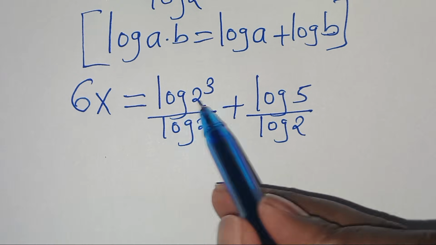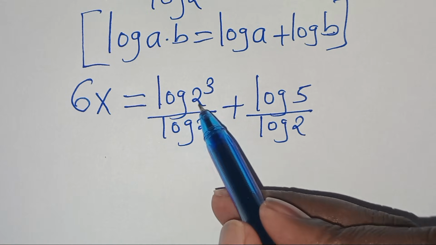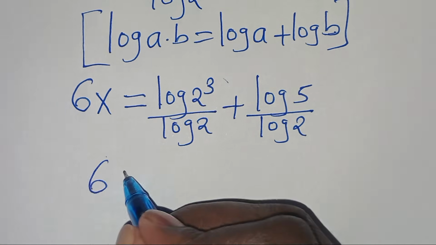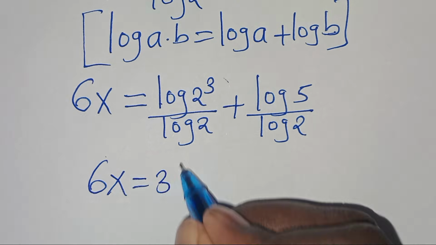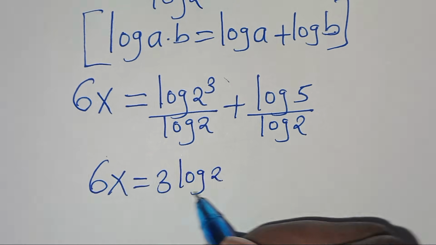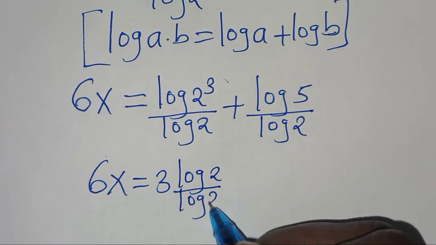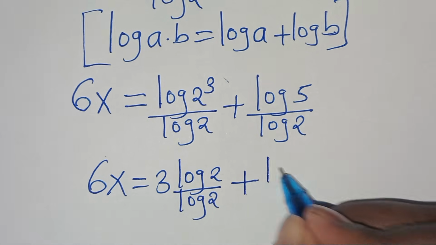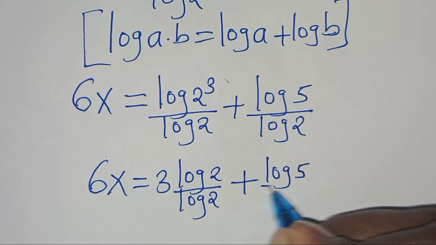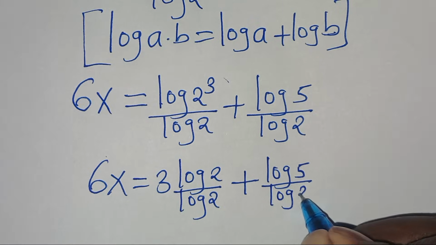So we can apply the power rule property here such that log 2 to the power of 3 becomes 3 log 2 divided by log 2, then plus log 5 divided by log 2.